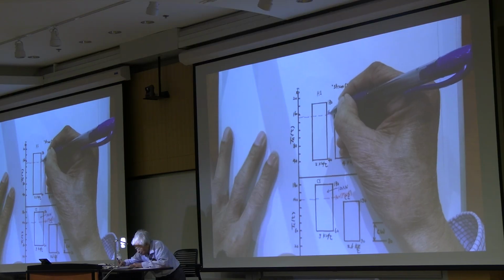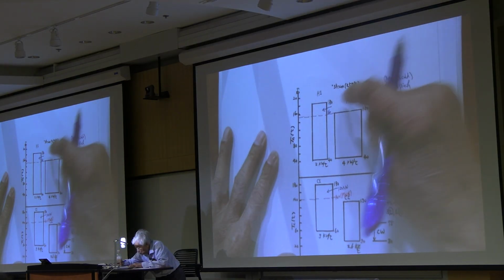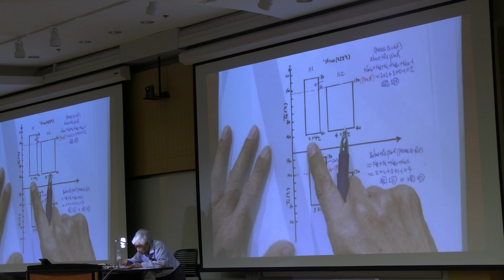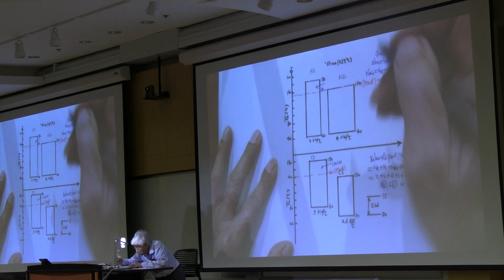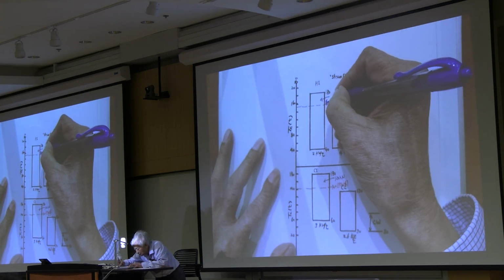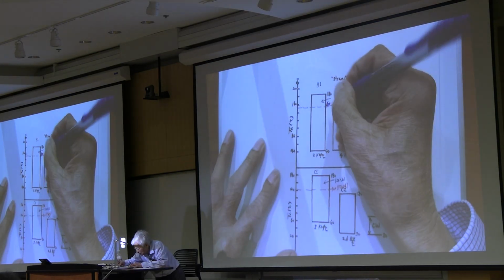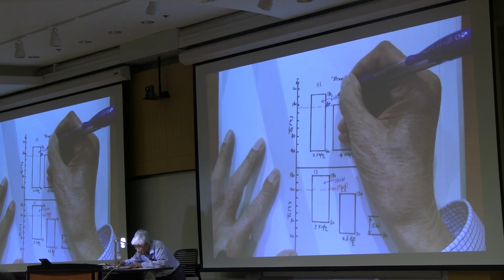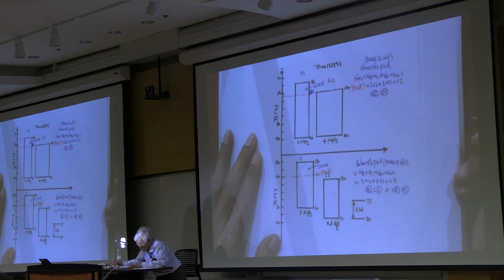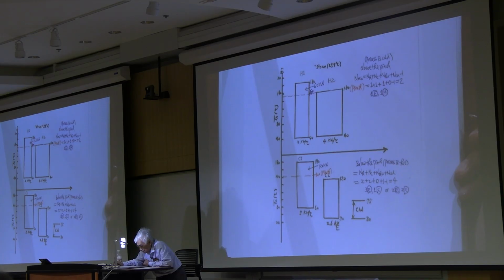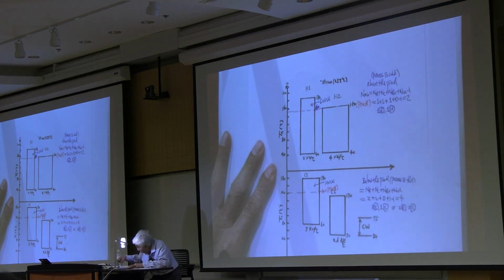Here's 160 to 150, 30 times 2, 60 kilowatt. You normally apply steam heating at the highest temperature portion of the cold stream.